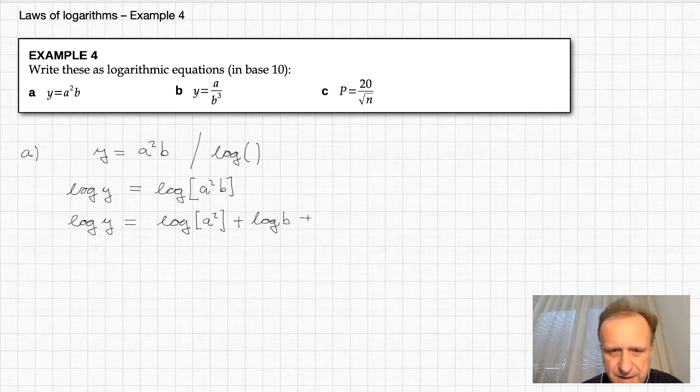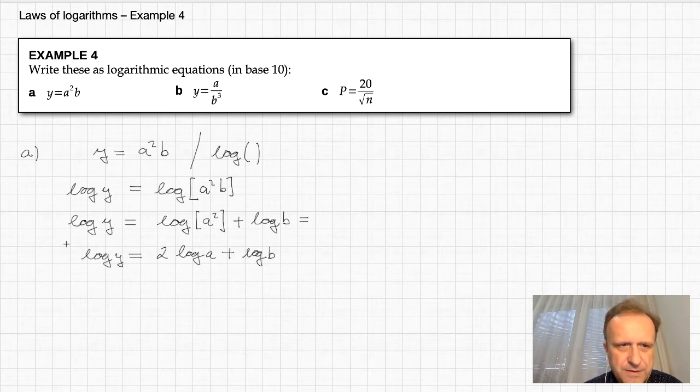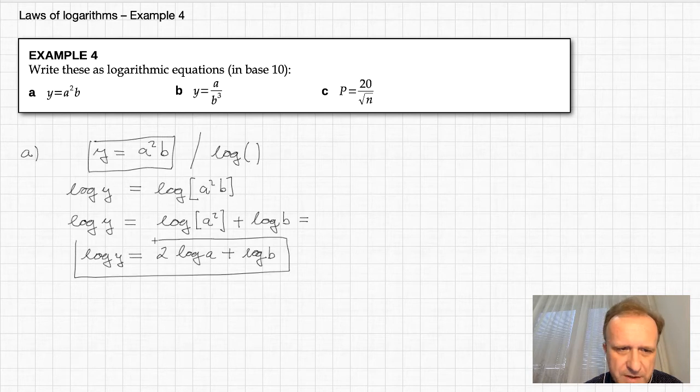And I can go further because the logarithm of a squared is the logarithm of a power, so I can use the third logarithmic law to rewrite it as 2 times the logarithm of a plus, and copy the last term, the logarithm of b. And here is my answer. So the equation that I transformed this one to is this one. So this is the logarithmic equation.